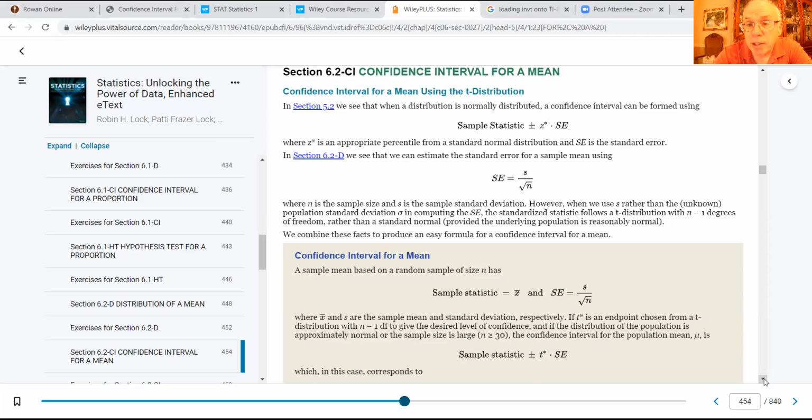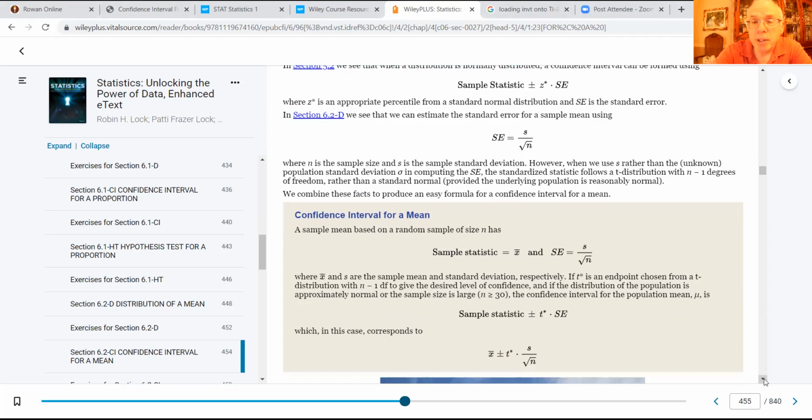And by the way, in the final exam, the math department assumes that for the most part, sigma is unknown. So in this section, we're strictly going to look at cases where we need to use s, the sample standard deviation, instead of sigma, the population standard deviation, in the standard error formula.